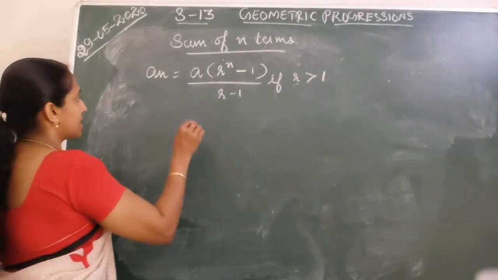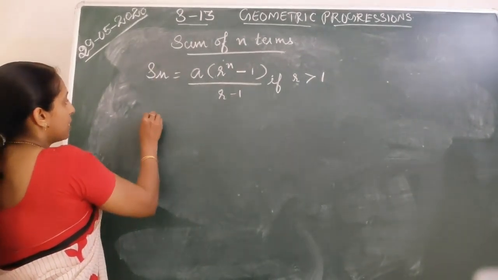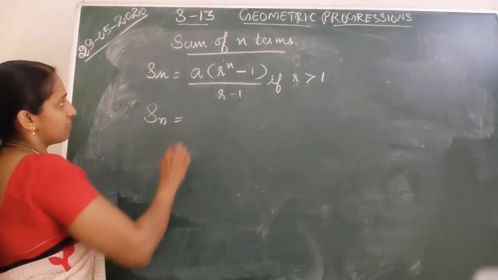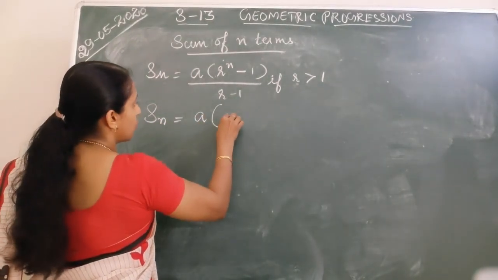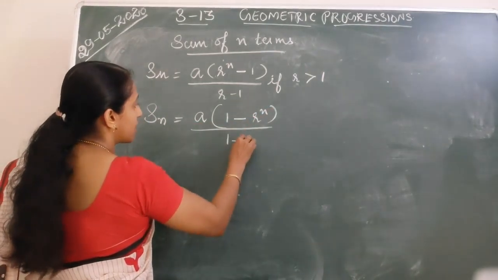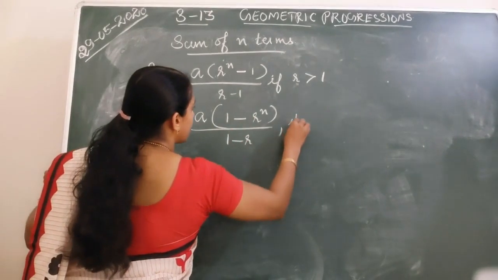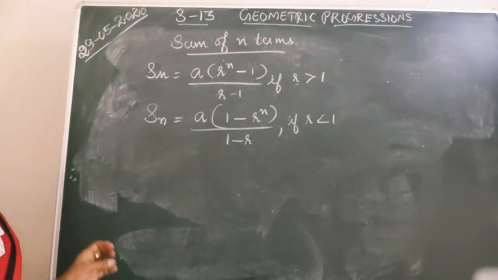And if r is less than 1, then Sn is given by a into 1 minus r to the power n upon 1 minus r. Note down.